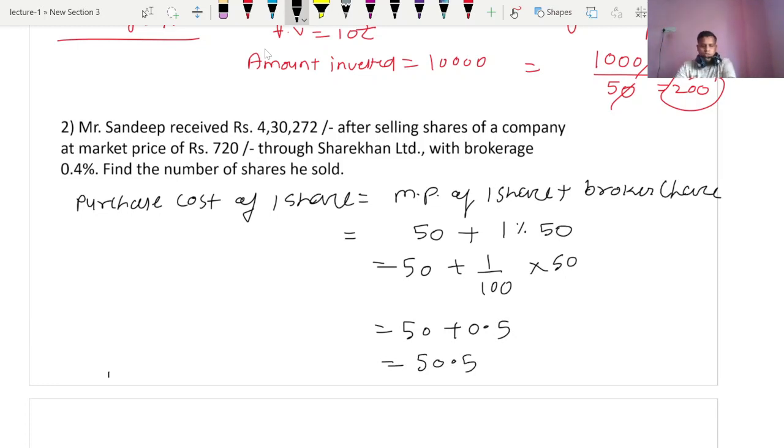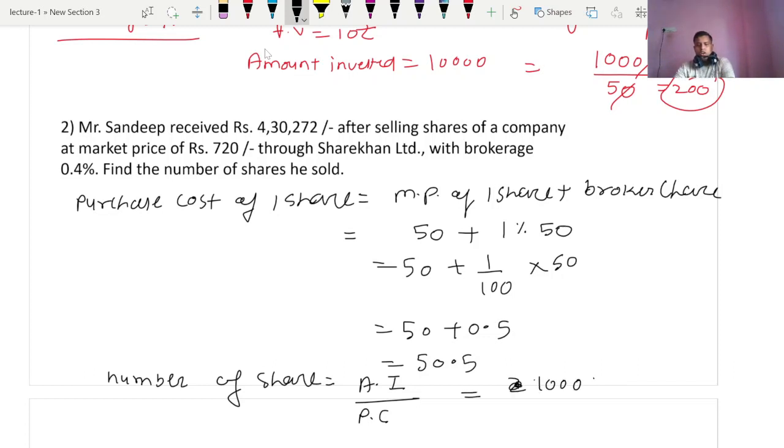Now find out the number of shares. So the number of shares is equal to amount invested divided by the purchase cost of one share. Amount invested is what? 10,000 divided by 50.5. Now find out. I have a calculator, so I will do 10,000 divided by 50.5.